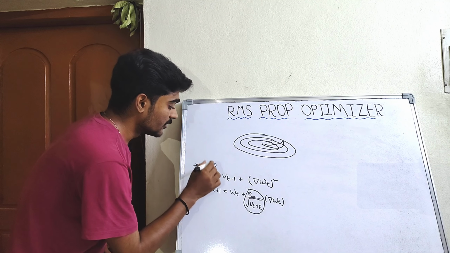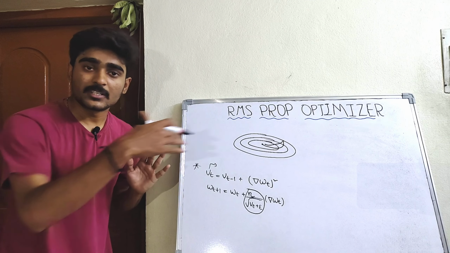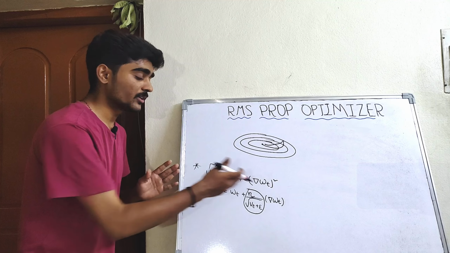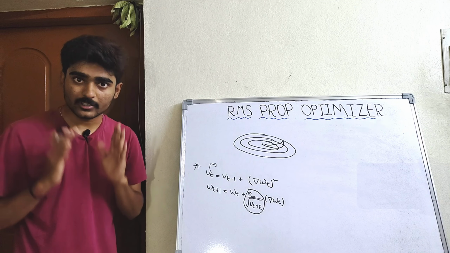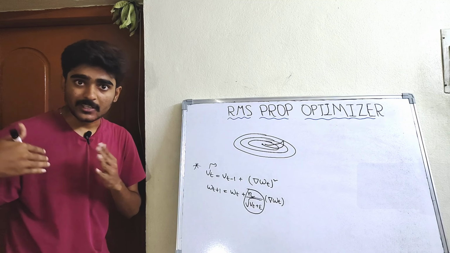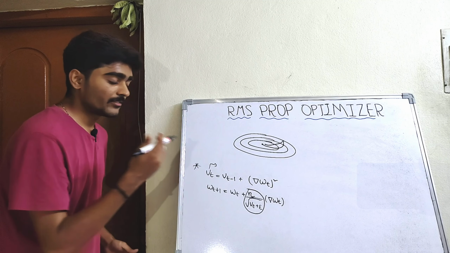This Vt value is indirectly dependent on the squared sum of all the previous gradients. As this squared sum gets higher, this Vt value also gets higher.